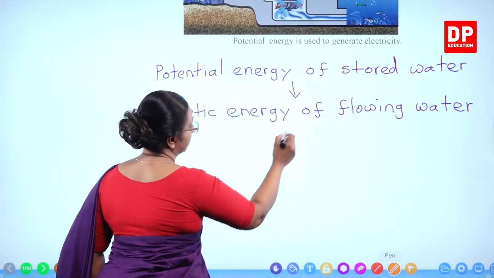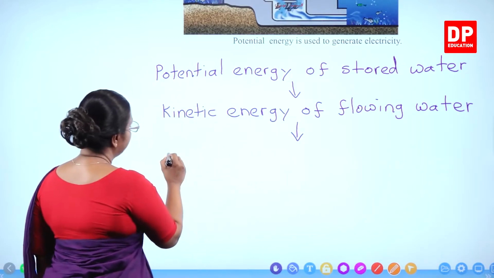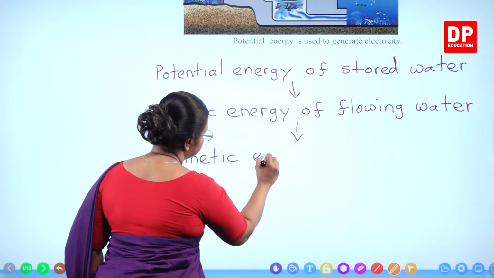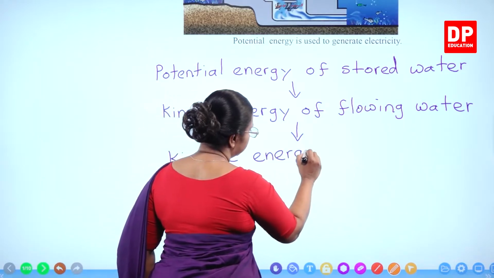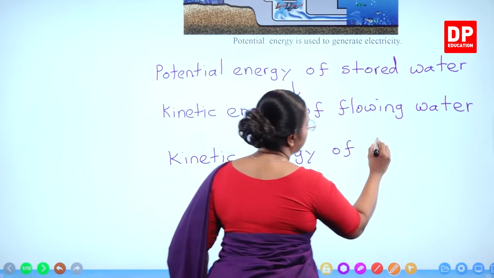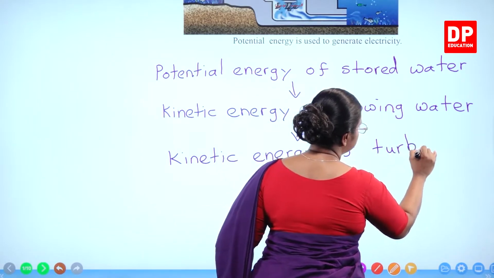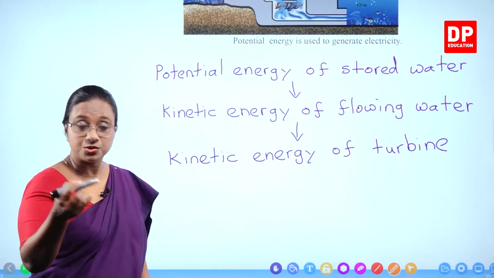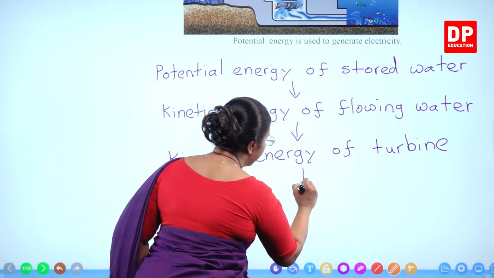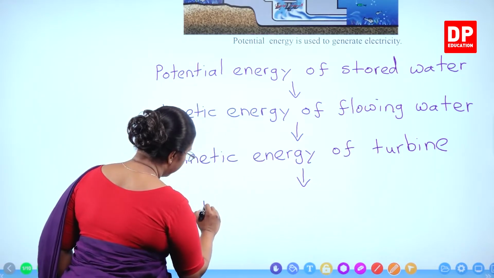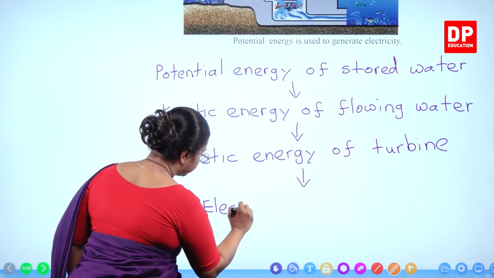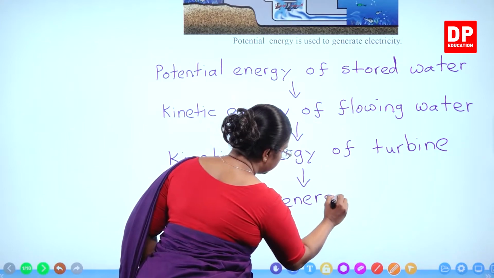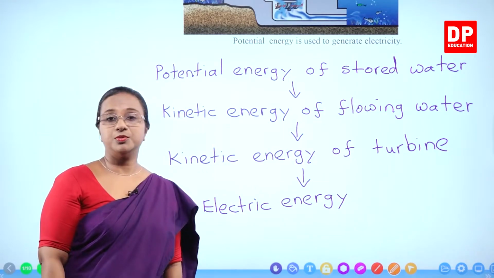what is the next one? It becomes kinetic energy of turbine. When water falls on the turbine, the turbine starts to rotate. And from that, electric energy is produced.